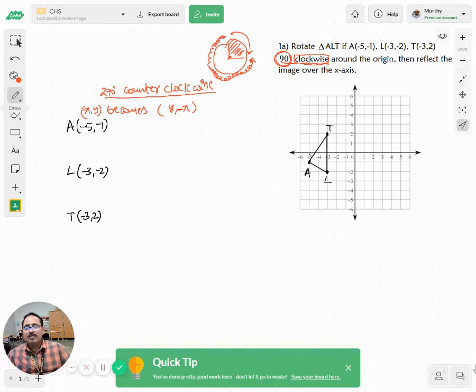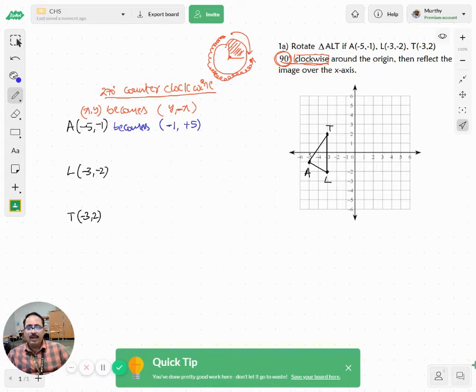So here (-5, -1), I have to swap their values. So -1 comes here. Then the negative x value goes to the next one, but don't forget to switch the sign. So it is (-1, 5).